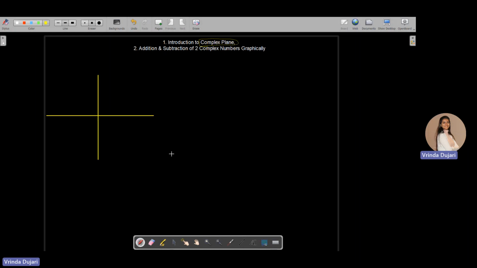We have our x-axis and y-axis, right? This is x and this is the y-axis. And this is the origin. This is the first quadrant, second quadrant, third quadrant, and fourth quadrant, right? This is our coordinate plane.